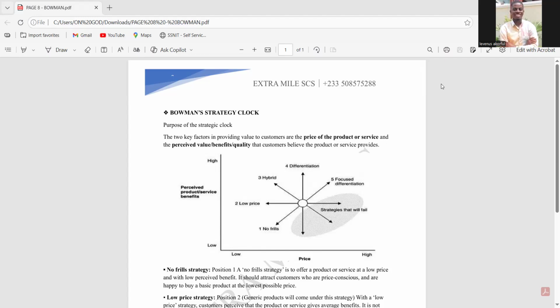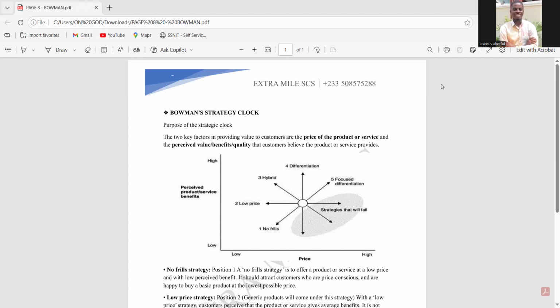And so he proposed the Porter's generic strategies. By way of recap, Michael Porter proposed three strategies that, according to him, entities can employ in order to gain competitive advantage over their competitors.